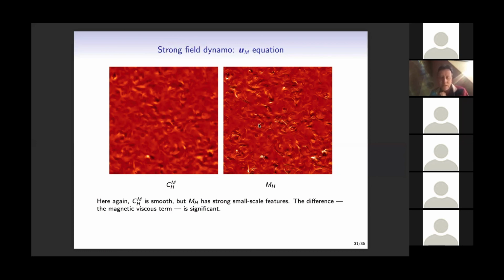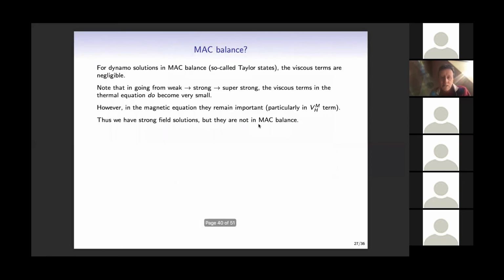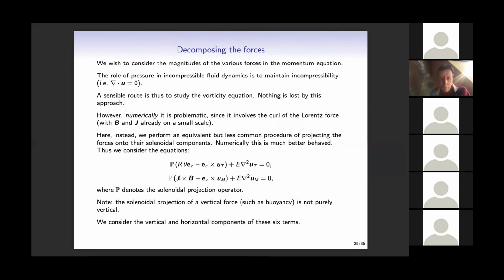The difference between Coriolis and Lorentz, which is the viscous term, is significant. If it were Taylor, I would offset J cross B projected against EZ cross UM, which is the Coriolis, and I can't. I can offset buoyancy and Coriolis really well in the thermal equation, but in the magnetic equation, at least where we are, we're getting a strong viscous term.